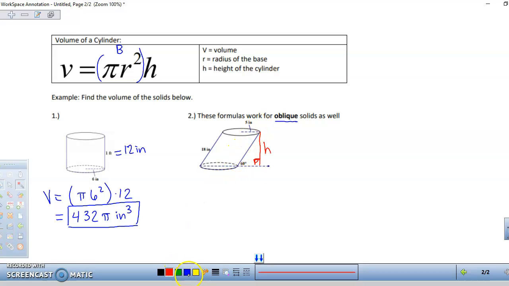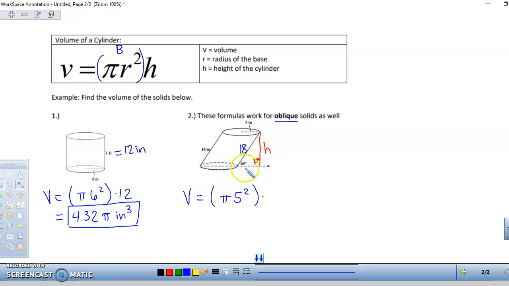Okay, so going through this, I'm going to do volume. I'm going to obviously do the base area, which is the circle, and then you're going to multiply that by your perpendicular height. Okay, in this case, what you'll notice here, I have an 18. So let me write 18 over here as well. And I have a 60-degree angle, which is the tilt of the cylinder. Well, that creates a 30, 60, 90 triangle.